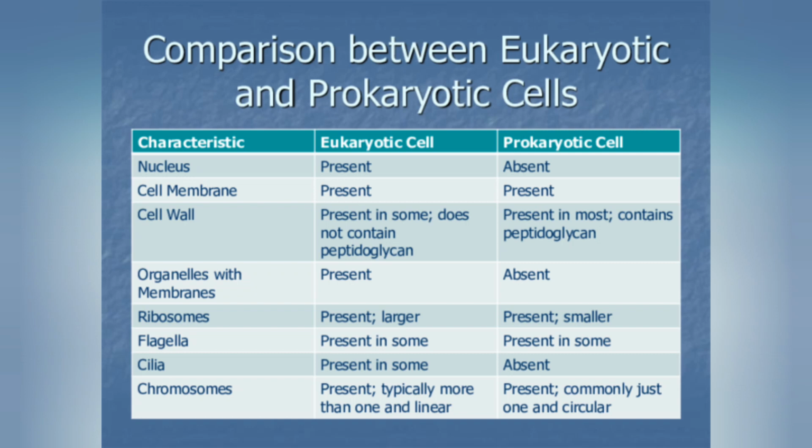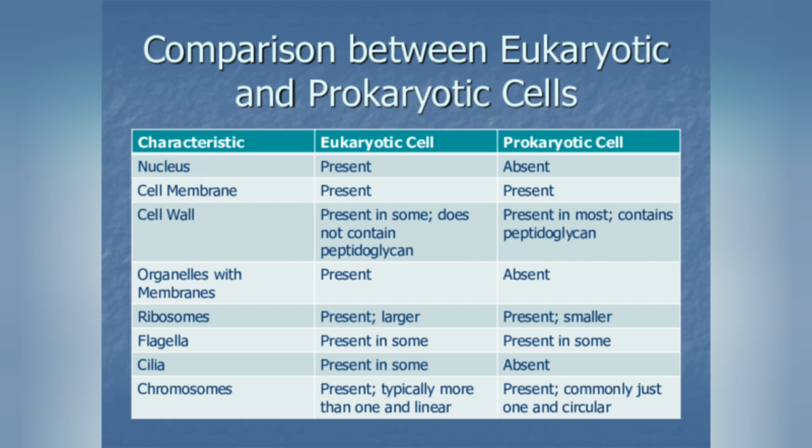This cell wall is present in those bacteria whose outer membrane material contains peptidoglycan. So mostly the prokaryotes have a cell wall.